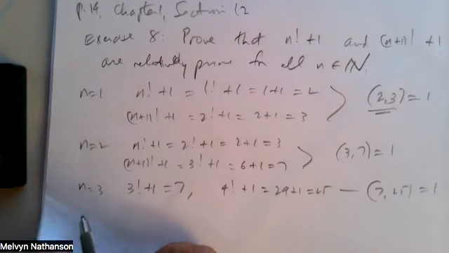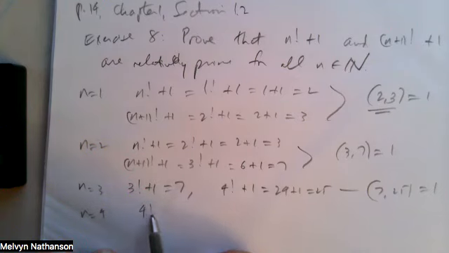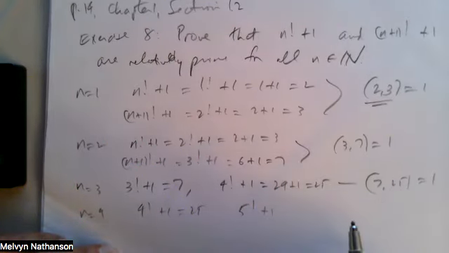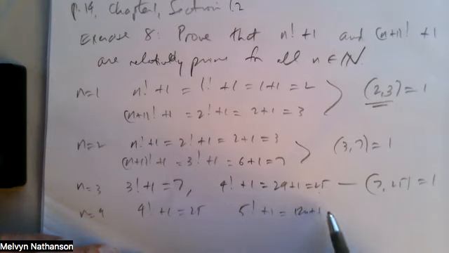Let's do one more special case. N equal 4. So 4 factorial plus 1 we just saw was 25. 5 factorial plus 1. What is 1 times 2 times 3 times 4 times 5? It's 120. That's 121, 120 plus 1.